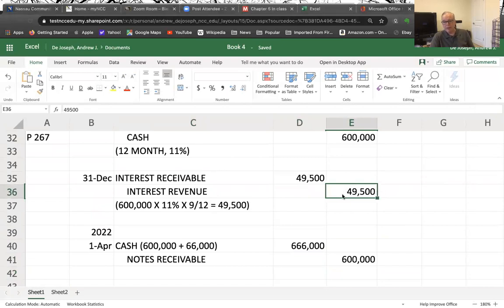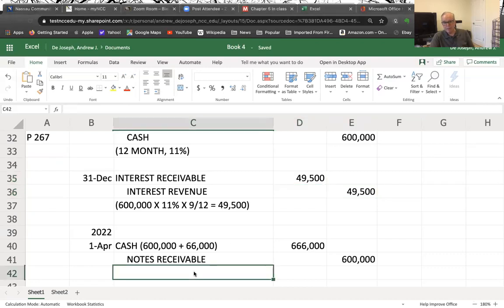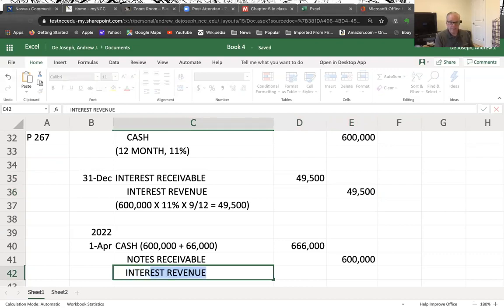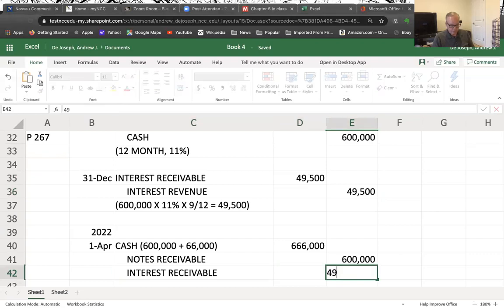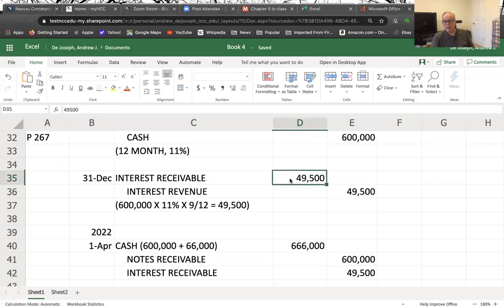So what account am I going to credit for 49,500? This one, interest receivable. And when you think about it, why does that make sense? Because included in the $66,000 of interest is the interest from last year that I was owed.